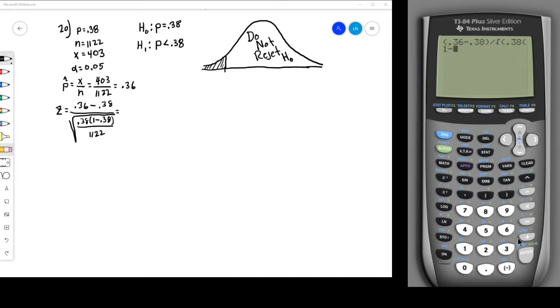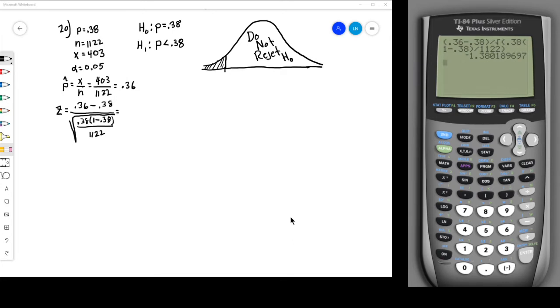1 minus 0.38. Close the parenthesis for the numerator. Divided by 1122. And then close the parenthesis for the square root.